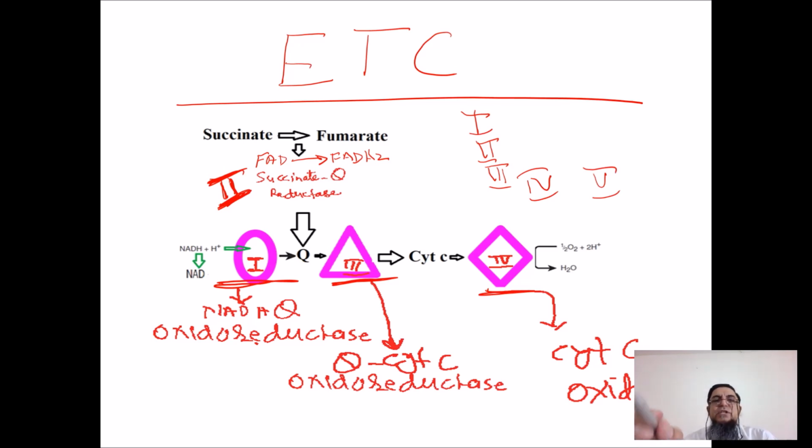The electron transport chain is comprised of some fixed elements and some mobile elements.